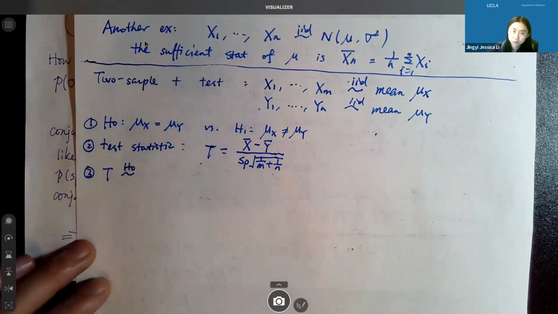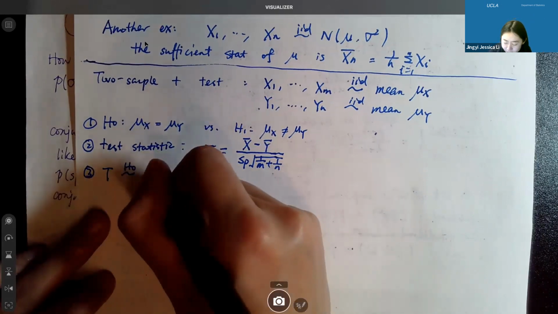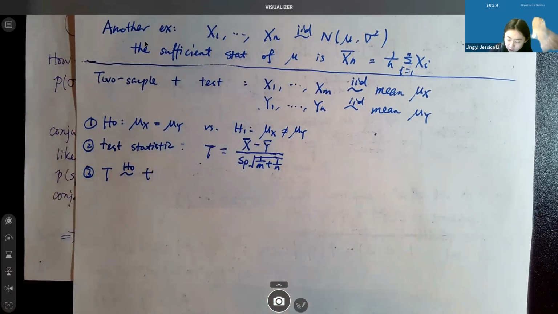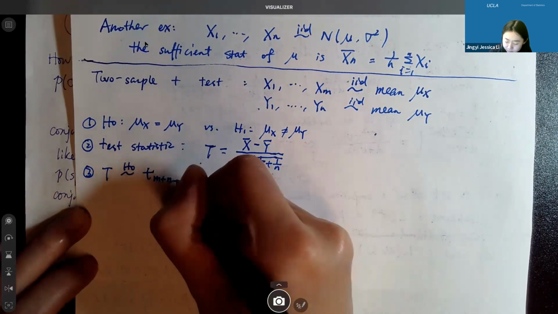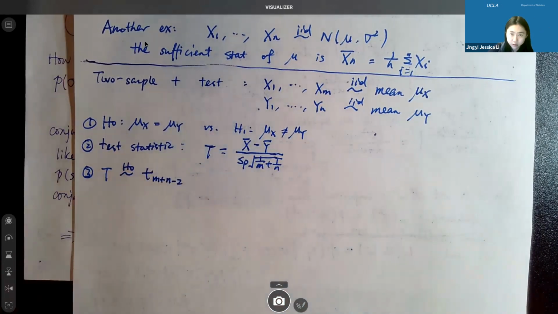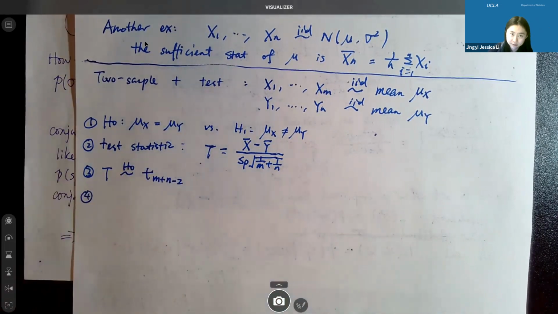So how is it distributed under the null? Under the t-test, we know by mathematical statistics that this follows a t distribution with degrees of freedom m plus n minus 2. And finally, using this null distribution, we compute a p-value, right?